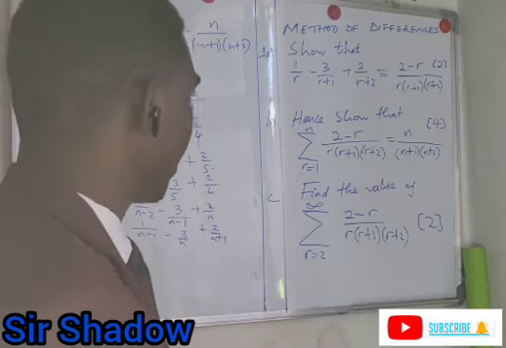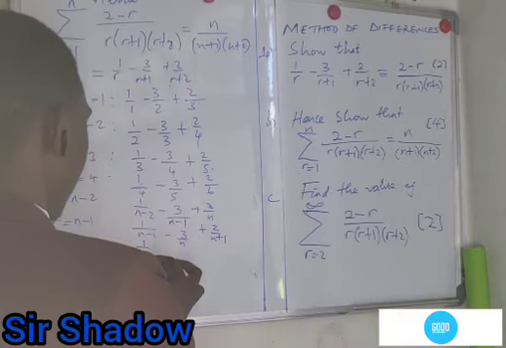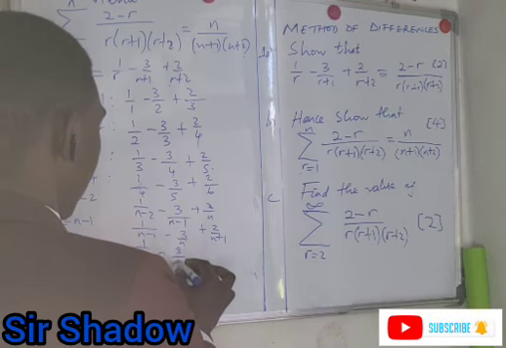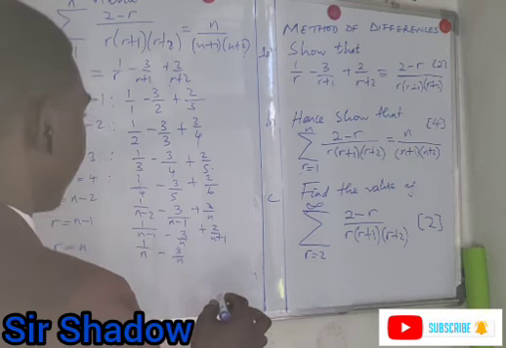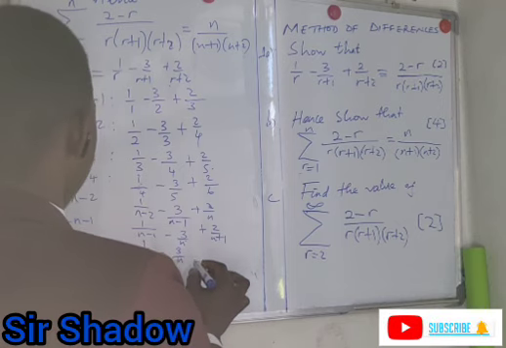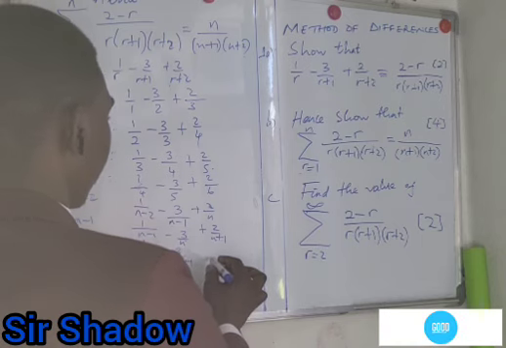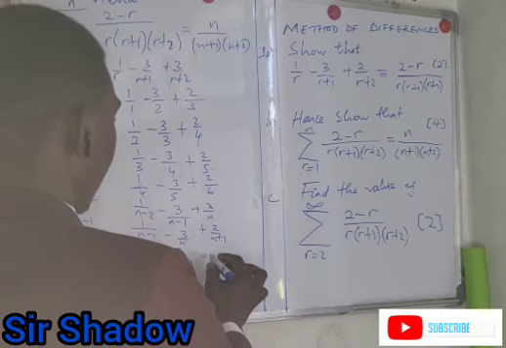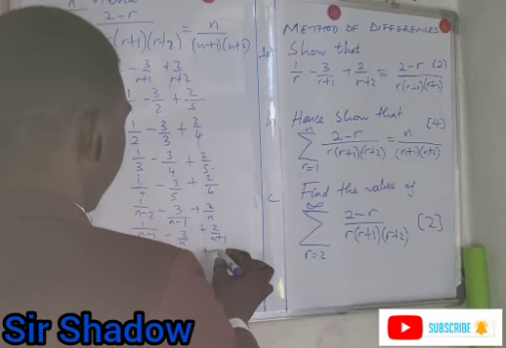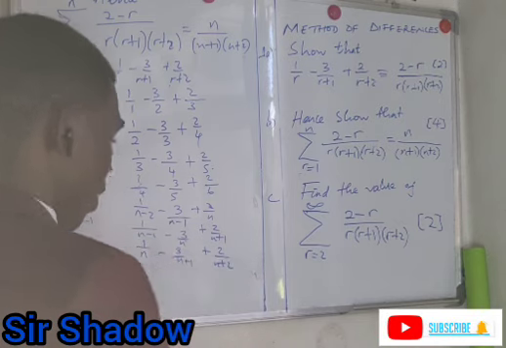Since the upper limit is n, when r is equals to n, we have 1 over n minus 3 over n plus 1, and then plus 2 over n plus 2, right?